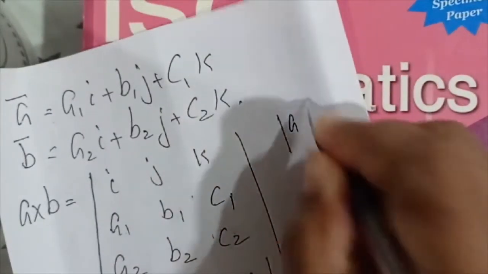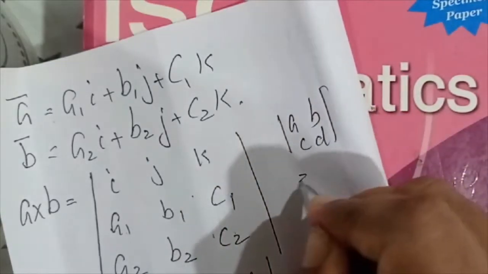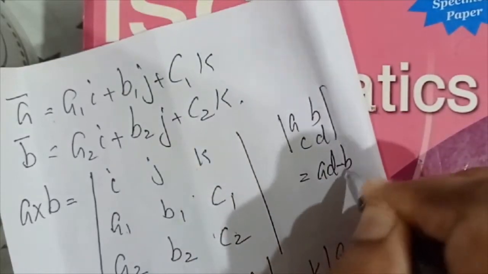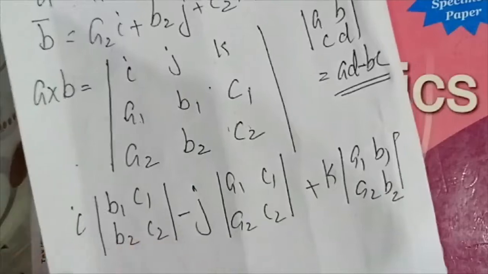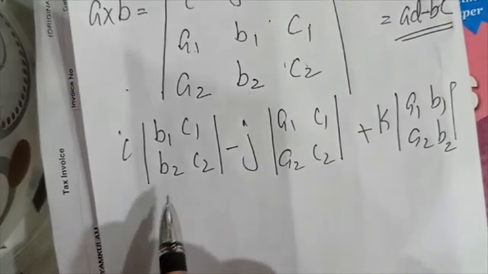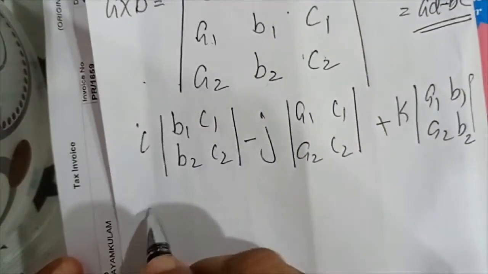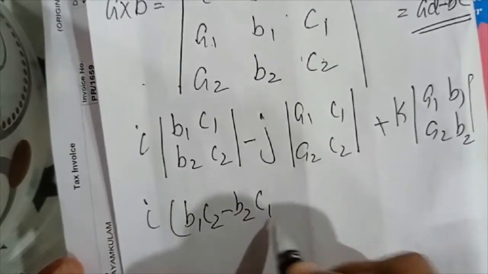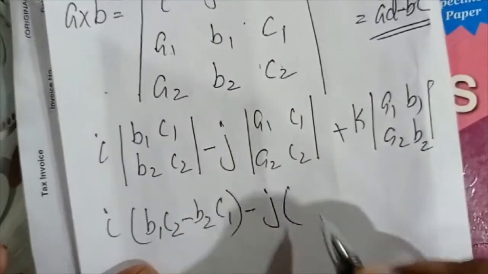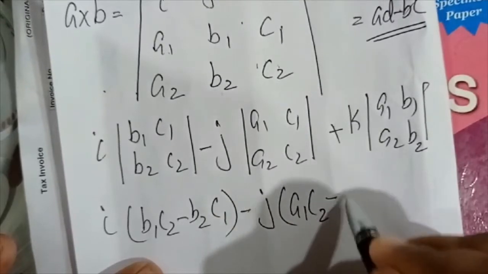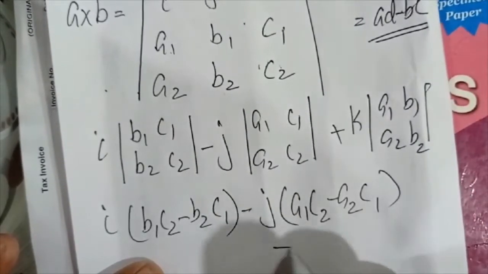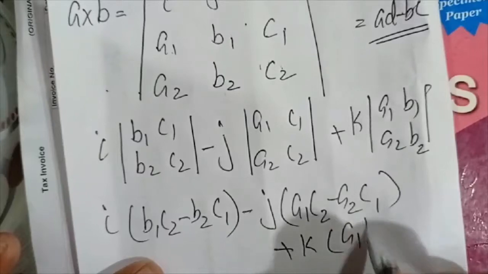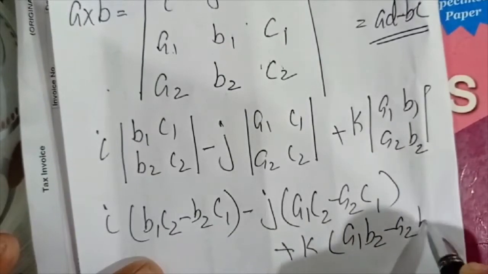Suppose if a determinant is A, B, C, D, what is the value of the determinant? AD minus BC. Therefore, here you will get the answer i into B1 C2 minus B2 C1 minus j into A1 C2 minus A2 C1 plus k into A1 B2 minus A2 B1.